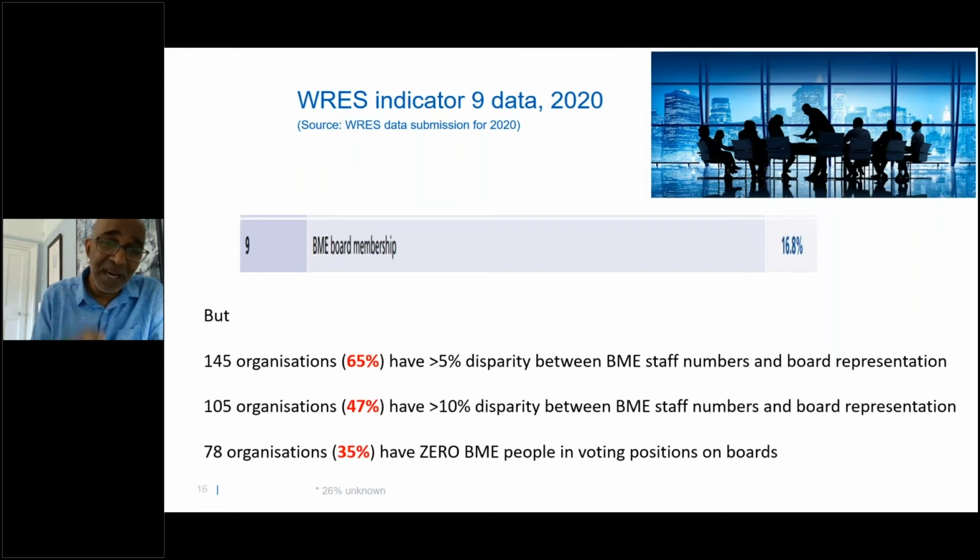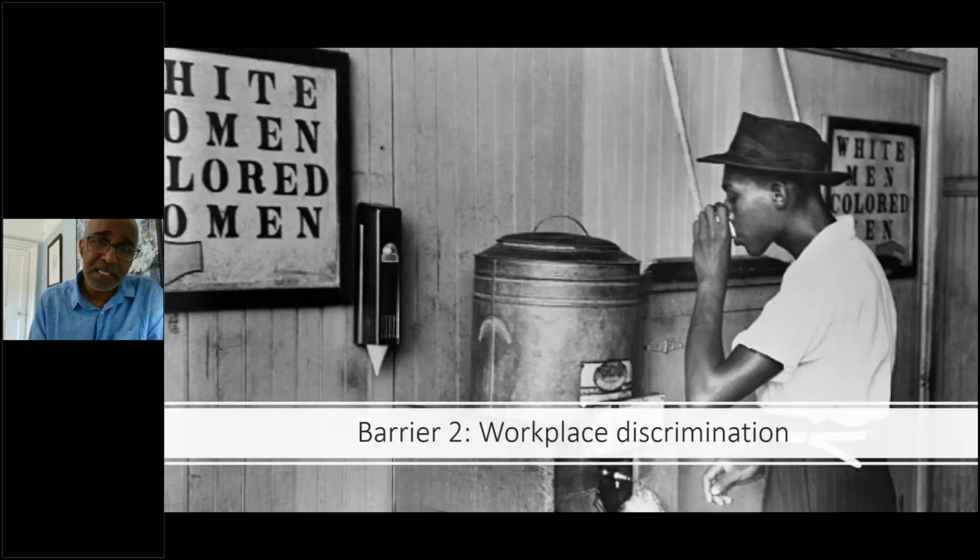And as many as half our organisations have more than 10% disparity between board representation and staff numbers. So this is really not acceptable. And actually, staggeringly, that 16% is about the fact that a third have no BME people in voting positions on their boards.